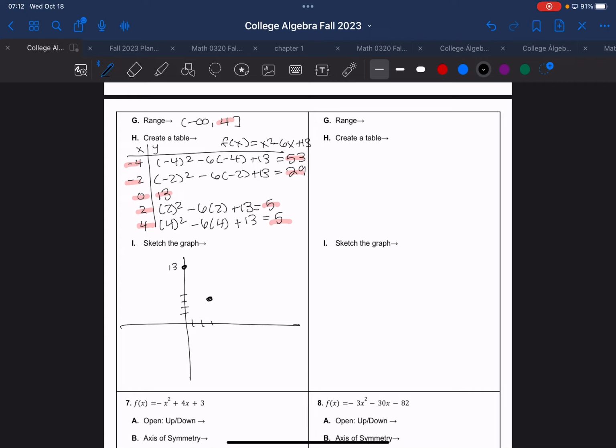And then I'm not going to plot that (-4, 53) because, again, it's just too far off the graph. Same with that (-2, 29). It's too far off the graph. But I can plot that (2, 5) and the (4, 5).